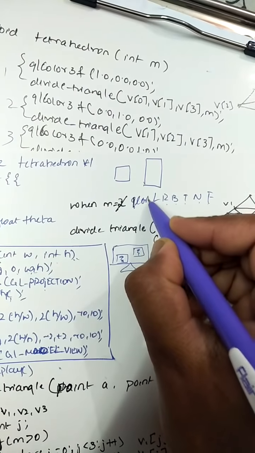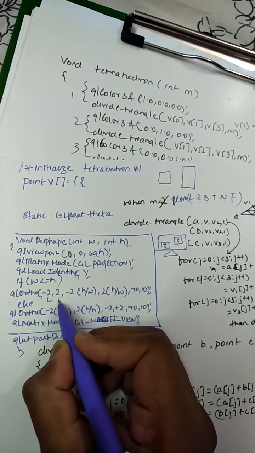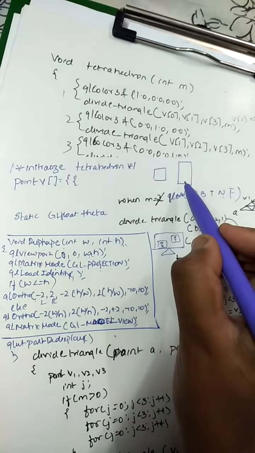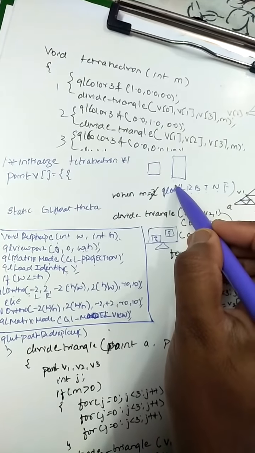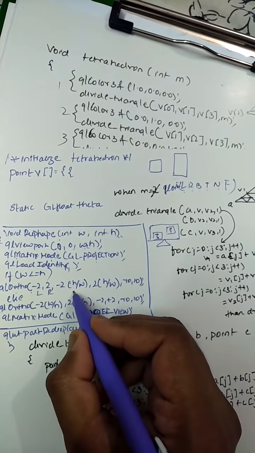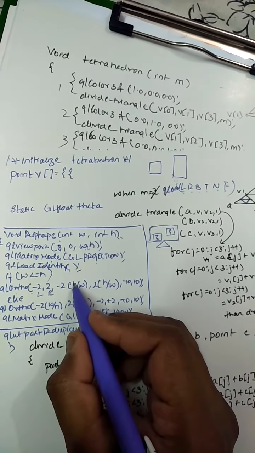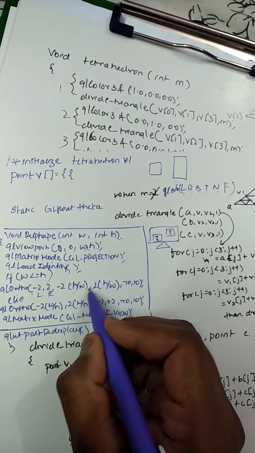GL ortho. So the left and right value remains the same. The bottom and the top value is the one that has been distorted now. So that will be multiplied by the aspect ratio. Since height is more, h divided by w.